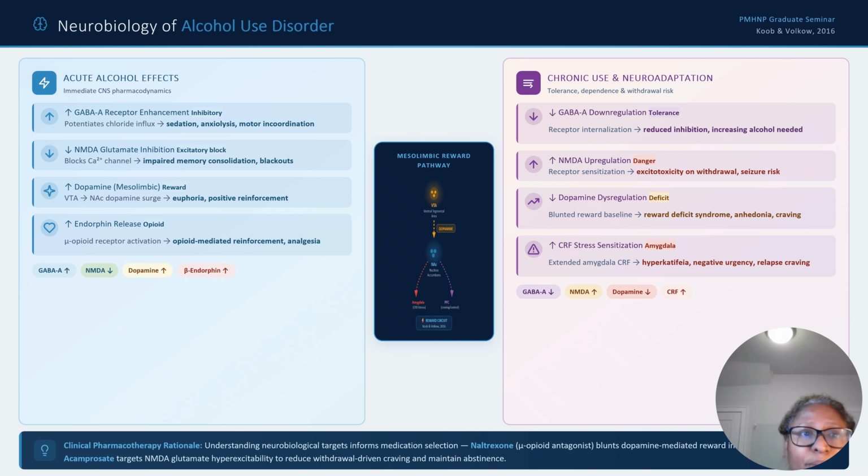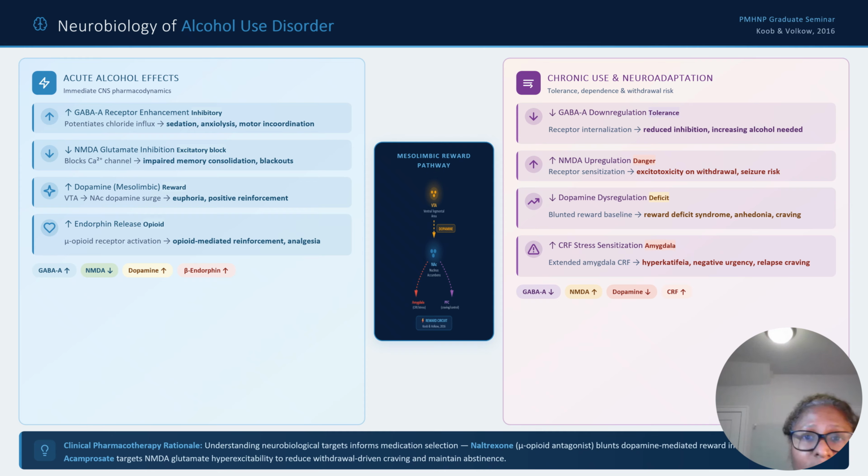As far as the neurobiology of alcohol use disorder, this is how you would see it within the body. The effects would be the increase in dopamine, the enhanced GABA receptors, and then increased endorphin release, opioid. So it gives almost an opioid effect. Those are just a few of the acute alcohol effects.